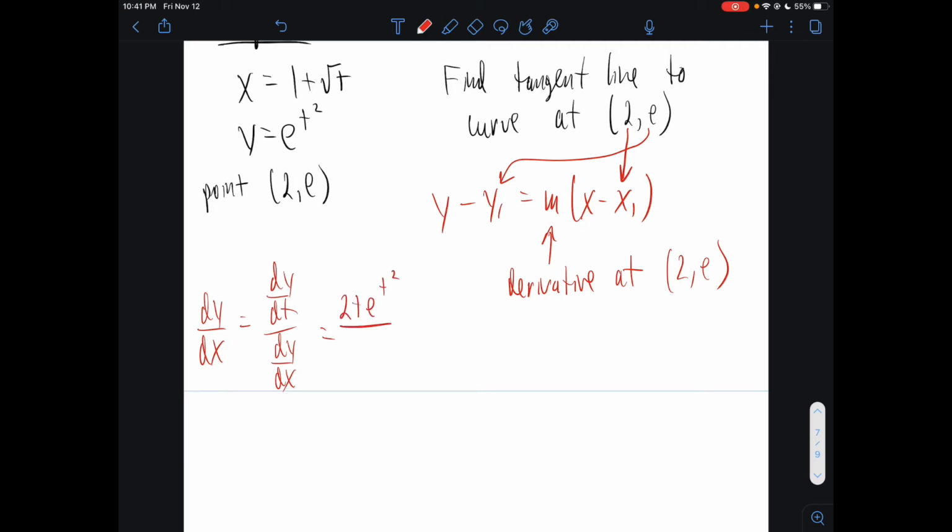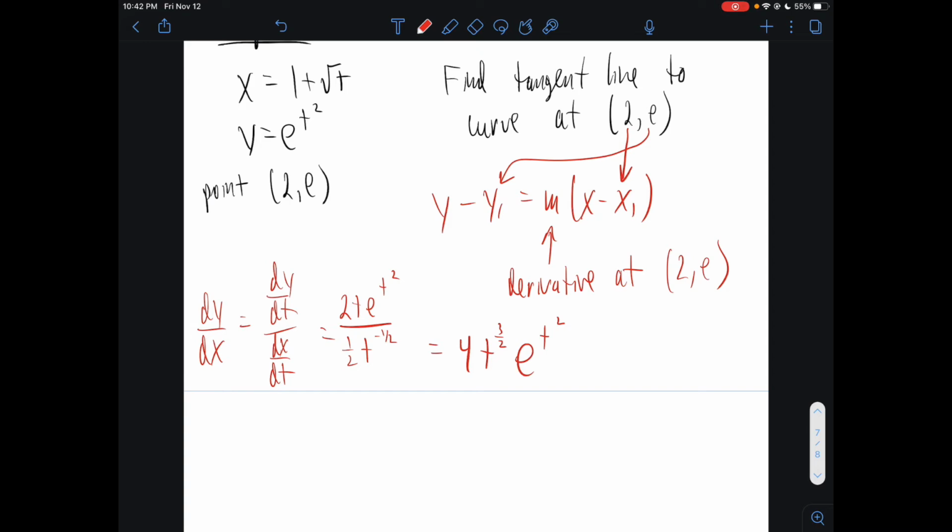The derivative of x with respect to t is just going to be 1/2 t to the negative 1/2. And we can simplify this by simplifying the fraction. Instead of 2 divided by 1/2, that's going to give us a 4. And the t to the first power divided by t to the negative 1/2 power will just be t to the 3/2 power. And then e to the t squared.